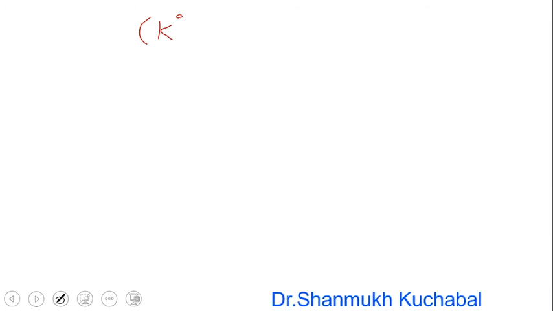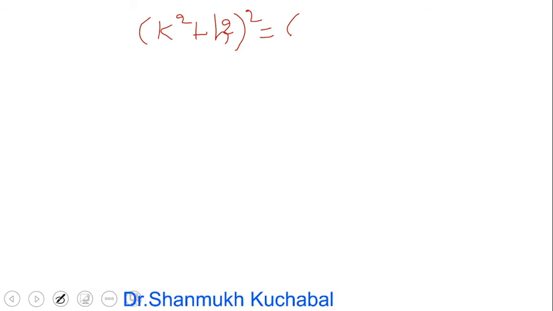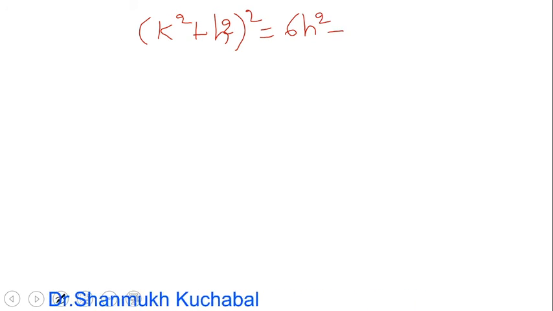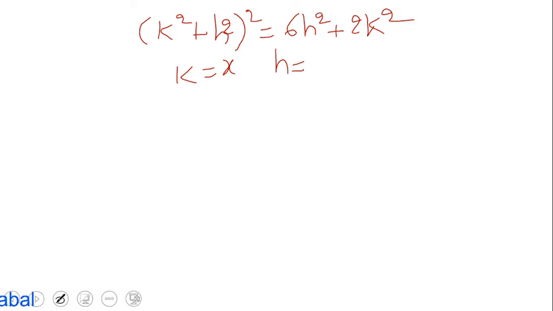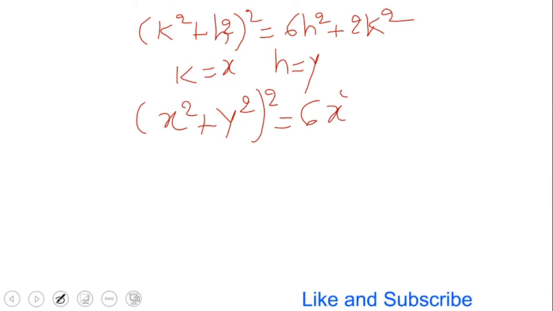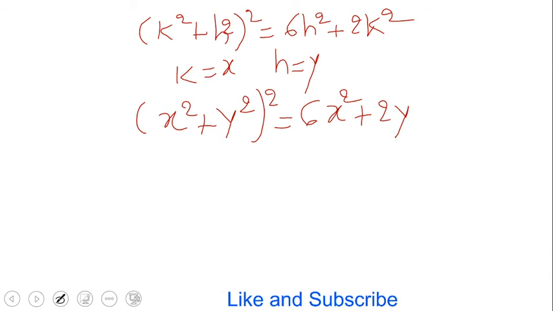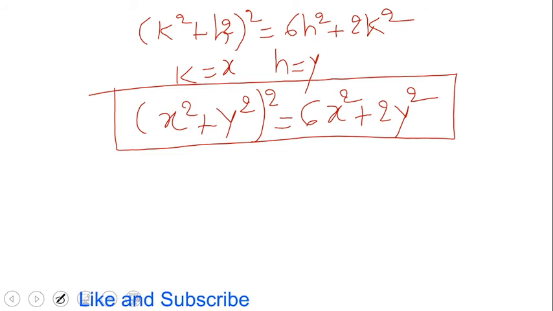So simplification, we get k square plus h square whole square equal to 6h square plus 2k square. Then we'll take k value as x, h value as y. So we get x square plus y square whole square equal to 6x square plus 2y square. So this is the equation we are going to get.